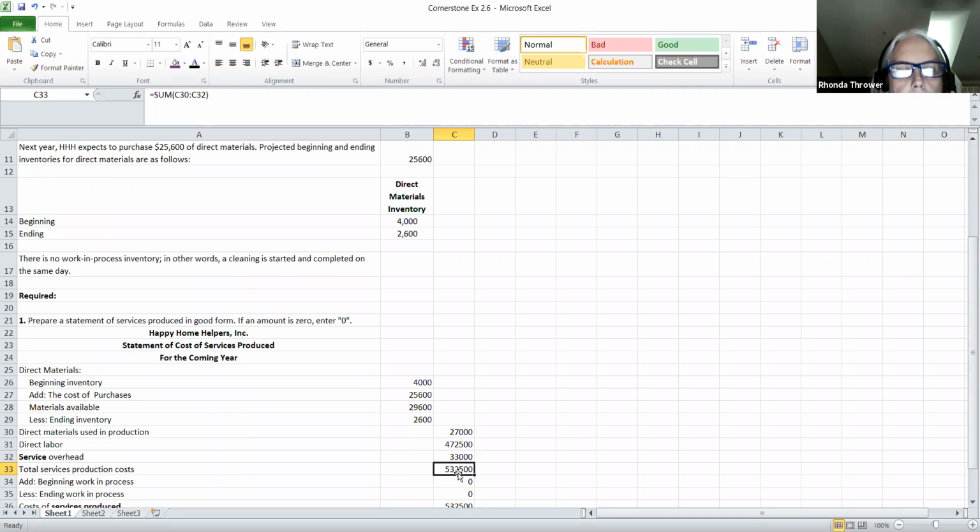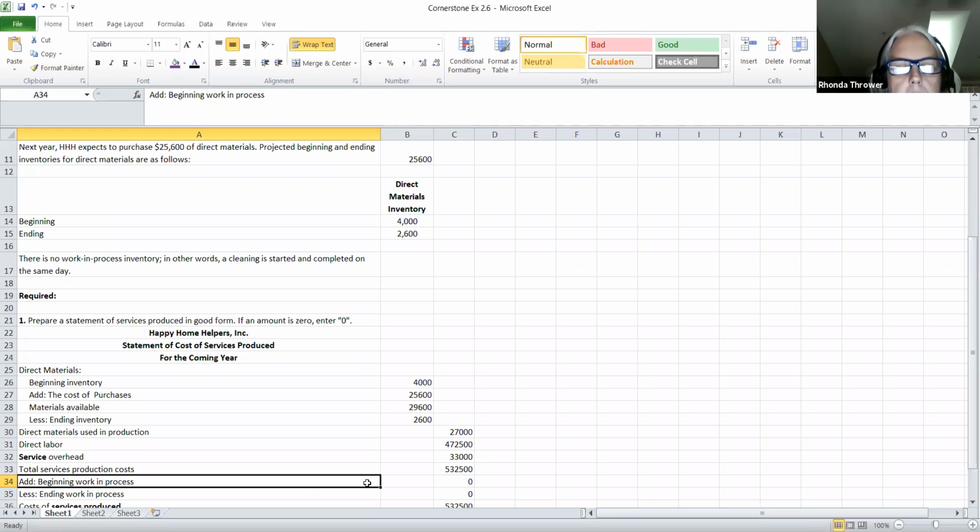In a service business, your total services will be the materials that you've used, the labor, and the services overhead combined. In this particular problem, they had no beginning work in process inventory. In other words, they completed all of their services. There was no beginning work in process last period that would have come from ending work in process.